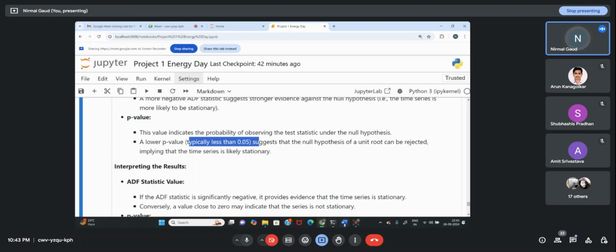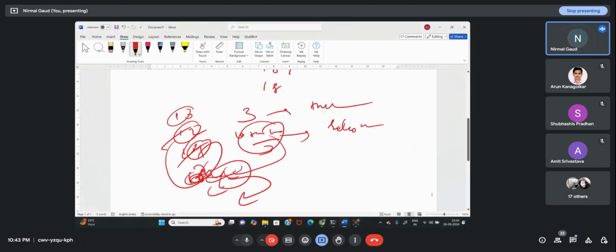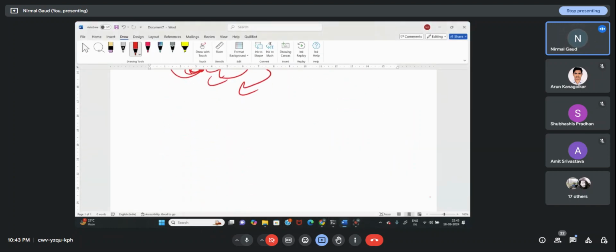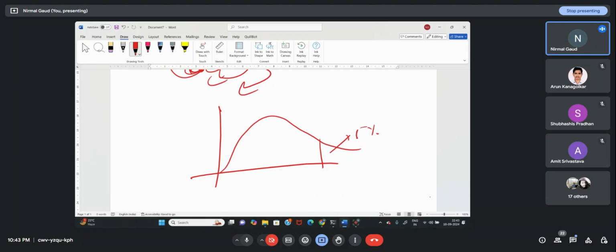I teach this in my machine learning course also: this is your normal plot, this is your 5%. This is the significant region and this is the confidence region. The significant region shows the chance that your null hypothesis is going to be rejected.